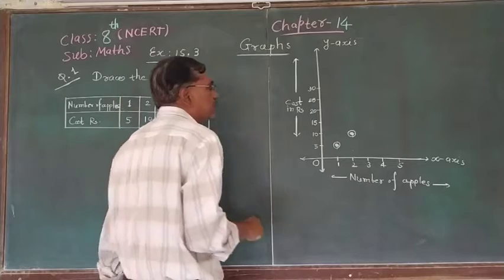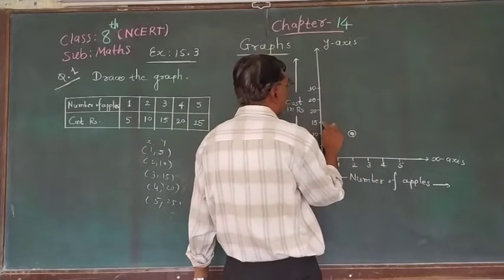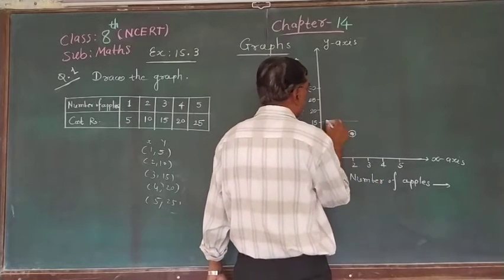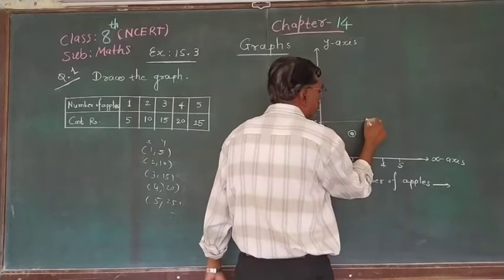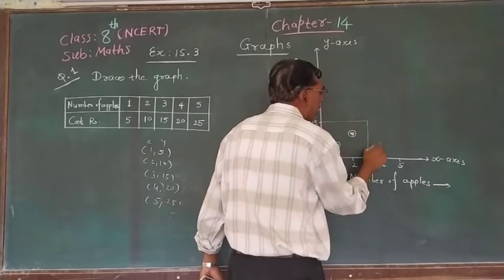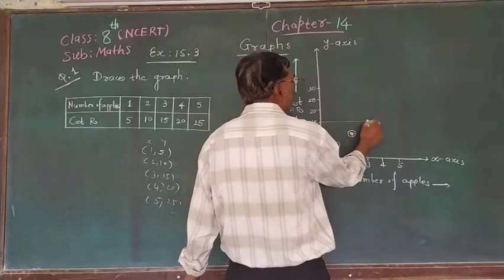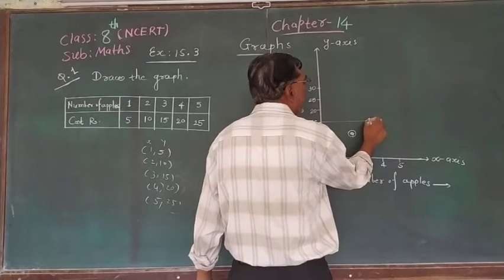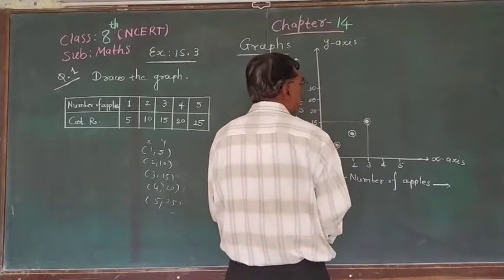3 and 15. So x coordinate 3 and y coordinate 15. You can draw a light line in the graph first, in this way. Put the point here. Then remove it.